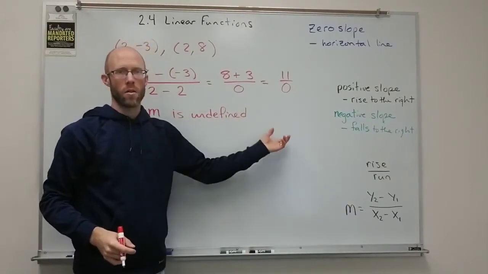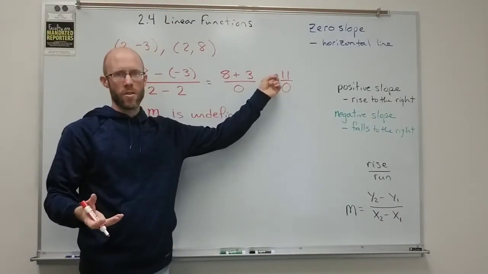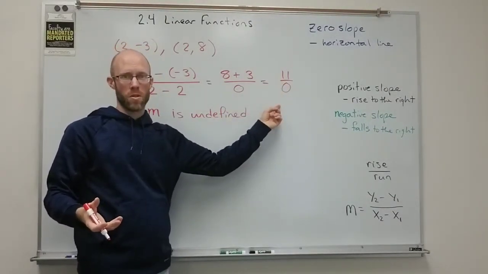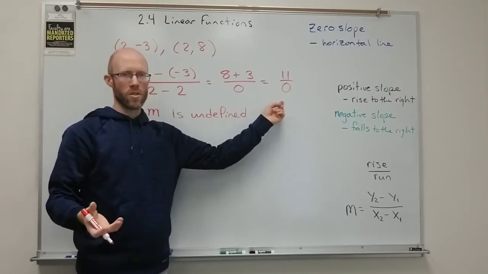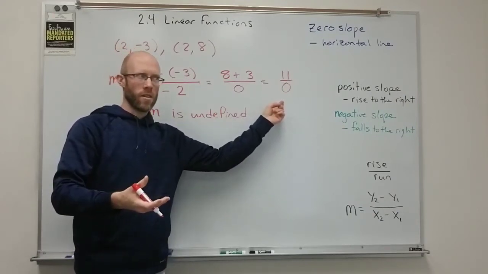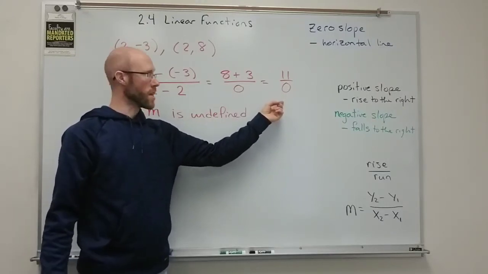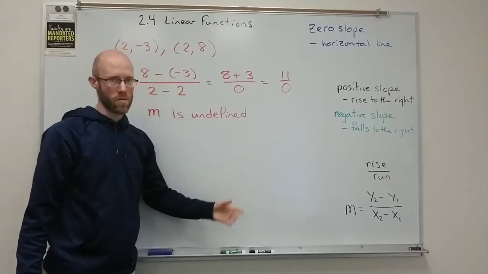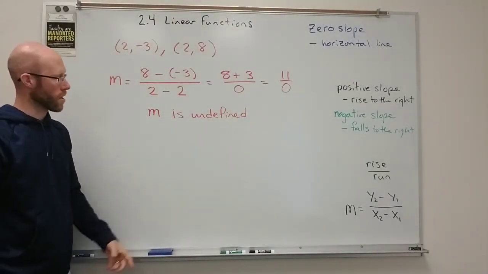Okay, and you can imagine this maybe being if I had $11 and I wanted to divide them up between 0 friends, how much would each friend get? Well, there's no friends to get anything, so there's really an unanswerable question. Okay, so in some sense that's undefined for that reason. There's other reasons mathematically that's undefined, it's just kind of the way I think about it.